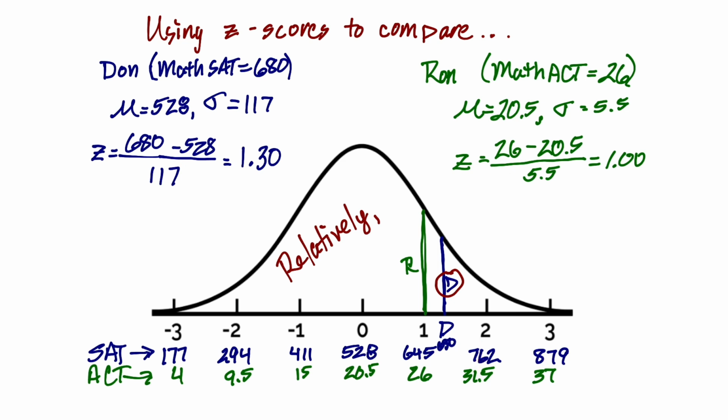For Ron's, we take the 20.5 as the mean, and the standard deviation is 5.5. So 20.5 plus 5.5 plus 5.5 and so on. So we see that Ron, even though he's one full standard deviation above the mean, his brother Don is 1.3 standard deviations above the mean. So relatively speaking, Don had a higher score. And that is one of the main ways in which we use z-scores.